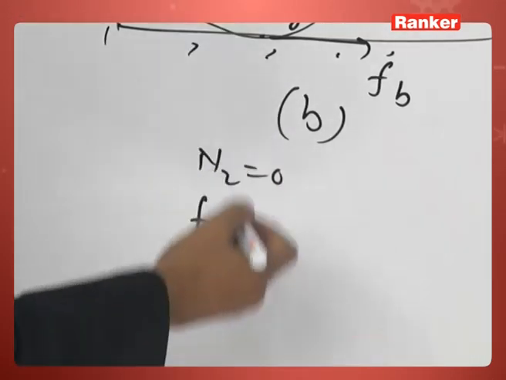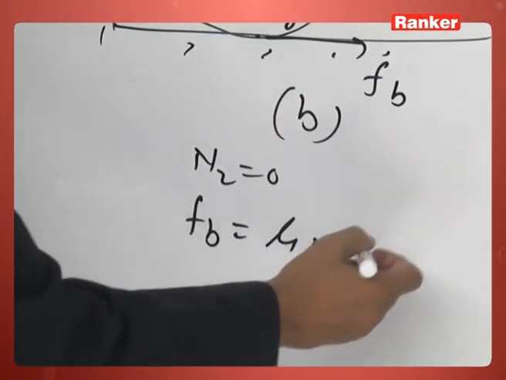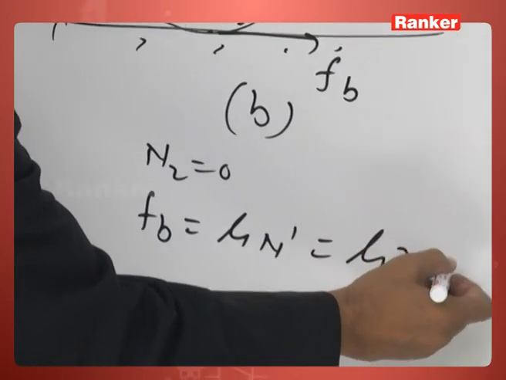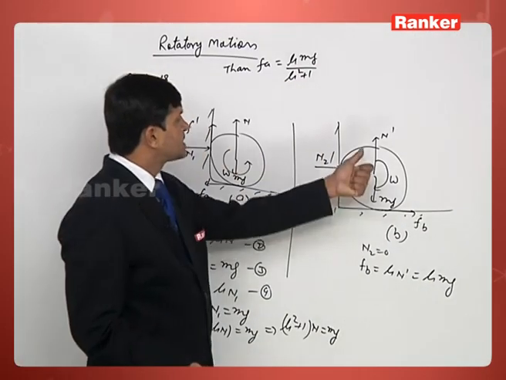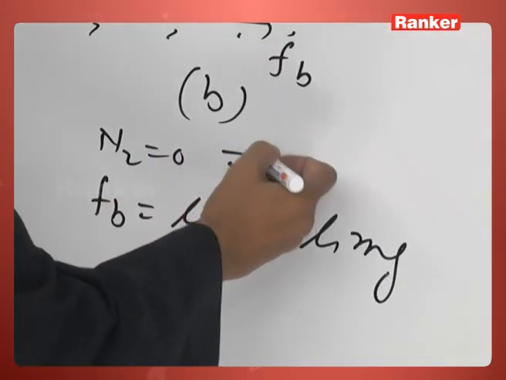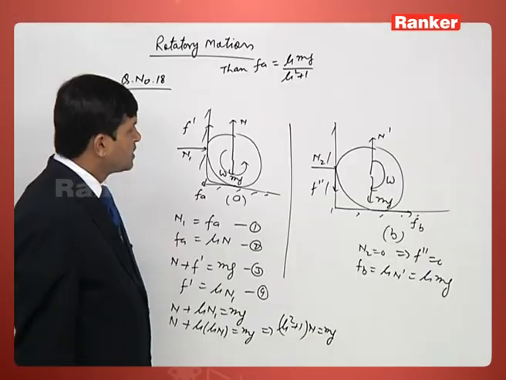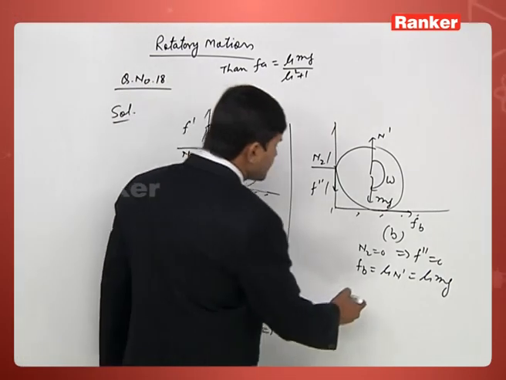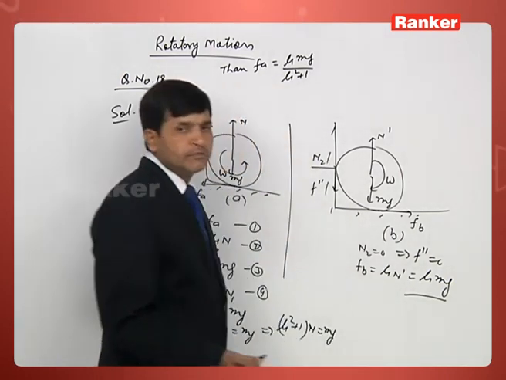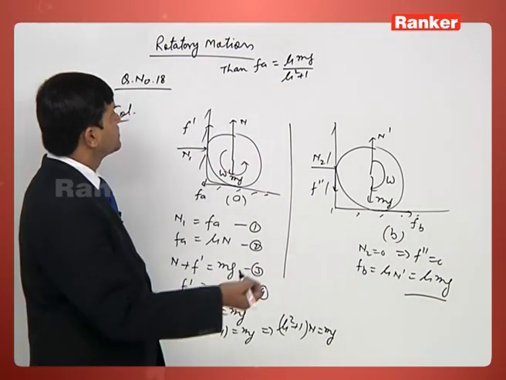Fb is equal to mu into N dash, and N dash is mg, because N dash is equal to mg. As soon as N2 is 0, that gives us F double dash is also 0. So Fb we are getting is mu mg. Now we have to find the ratio of Fa by Fb.